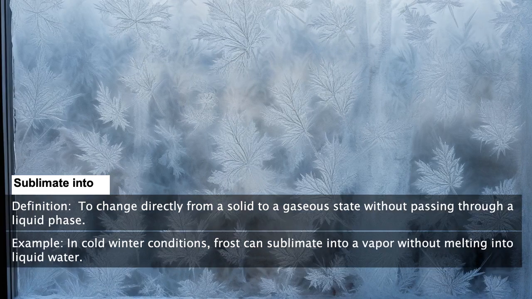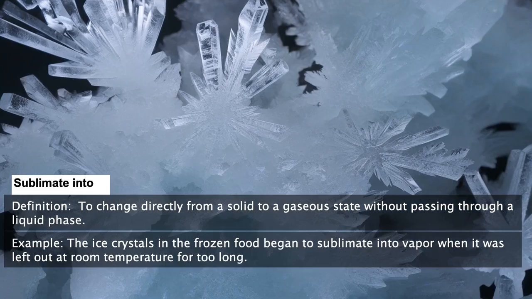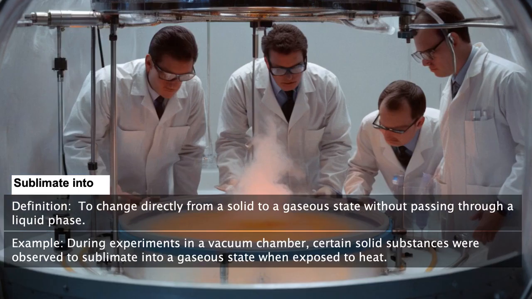In cold winter conditions, frost can sublimate into a vapor without melting into liquid water. The ice crystals in the frozen food began to sublimate into vapor when it was left out at room temperature for too long. During experiments in a vacuum chamber, certain solid substances were observed to sublimate into a gaseous state when exposed to heat.